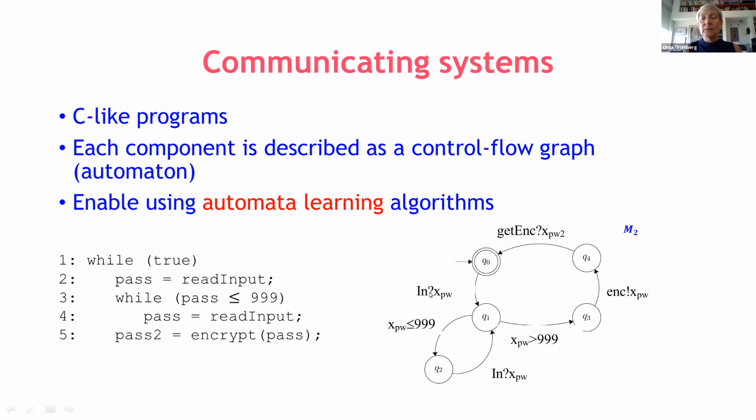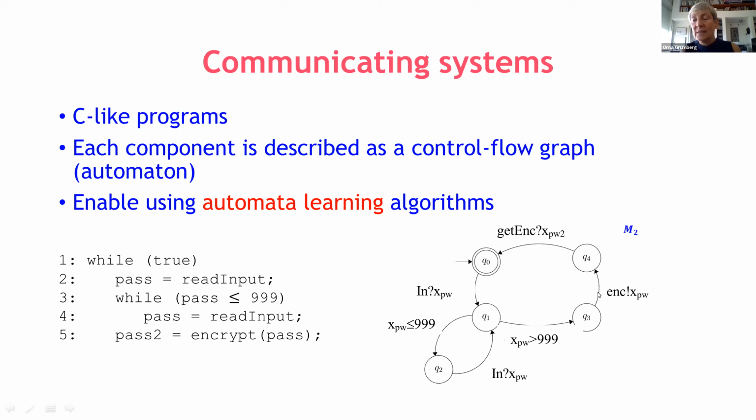The question mark means that we read on the in channel an information to the variable X password. We then check whether the password is too short, and we read it again until it is long enough, greater than 999.